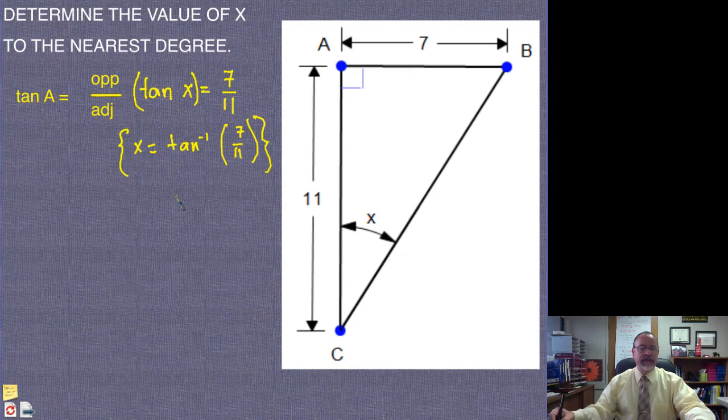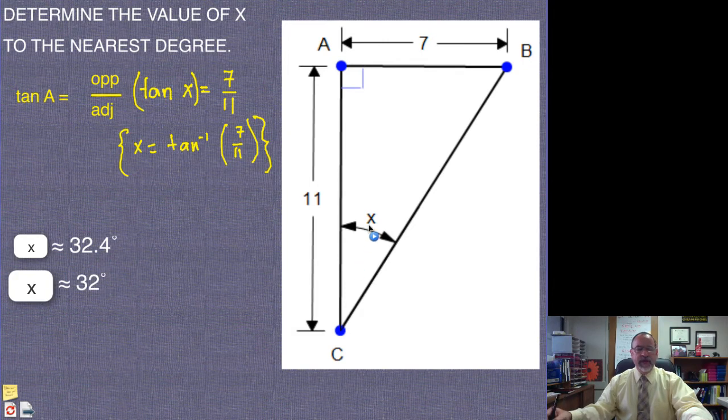This is solved for x. X is by itself. Now I'm asked to round it to the nearest degree, so I would calculate this by using the second key, tangent key, which brings up the inverse function screen, enter in 7/11 and calculate. That would give me 32.4. I'm rounding to the nearest degree, so I only need the tenths place. Because this tenths place is a 4, the 2 remains the same, so this is about a 32-degree angle.